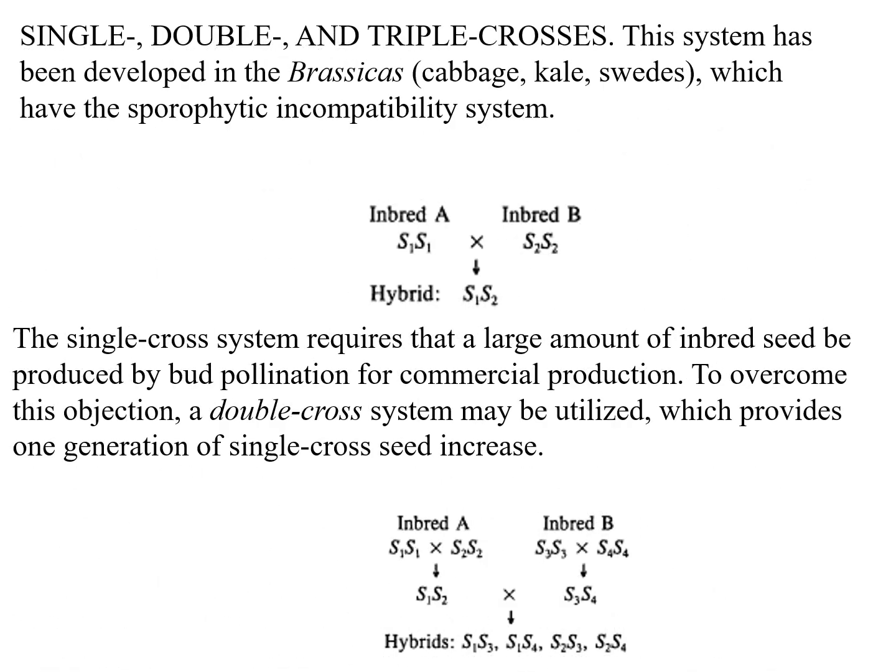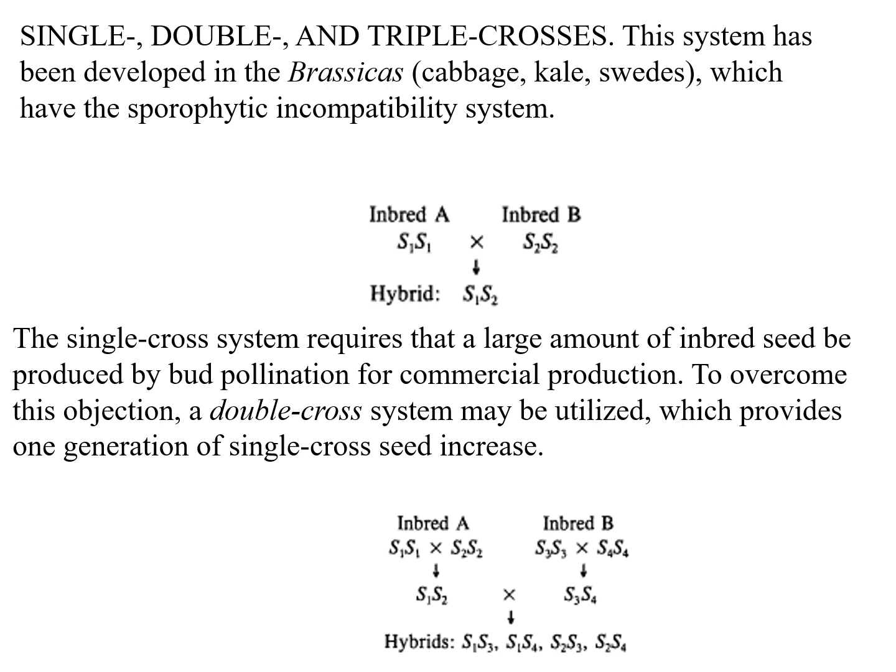As I mentioned previously, we use this system to produce single, double, and triple crosses in vegetatively propagated crops. For example, cabbage or kale or Swedes, or in brassica. The first type of cross that we can use, we call single cross.